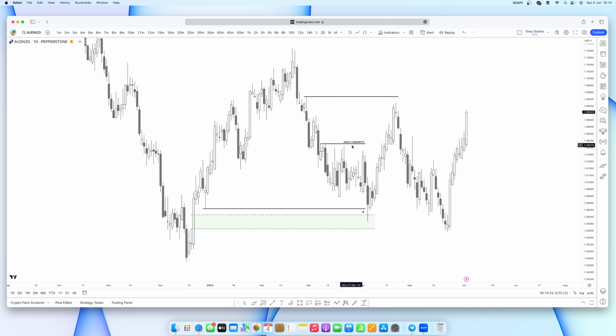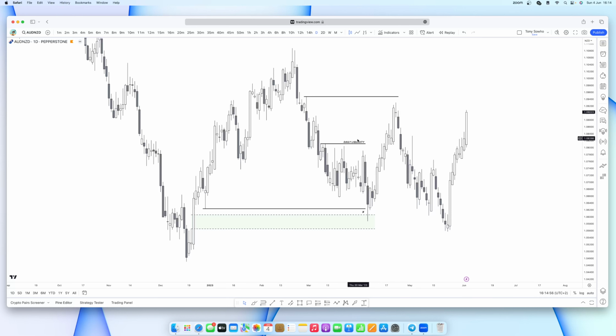And I said this will not be the last time it happens, and I gave the example that I've seen it happen in other pairs. I think I mentioned AUD NZD. As soon as I saw the liquidity to the downside captured, price came into the imbalance, and this liquidity to the upside was still intact. I told you to be on the lookout for higher pricing on AUD NZD, and that was what happened.